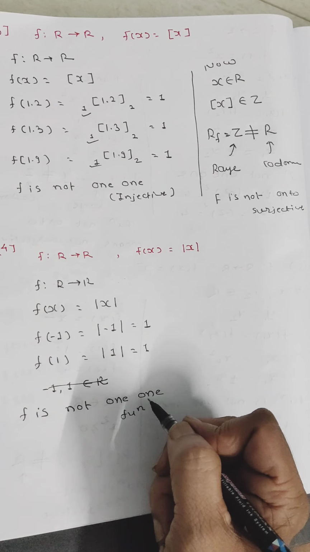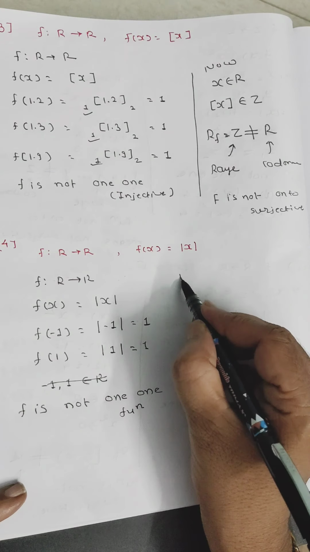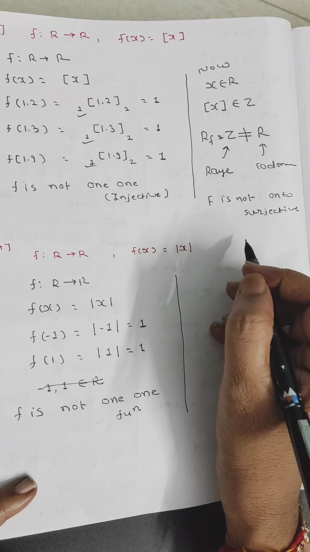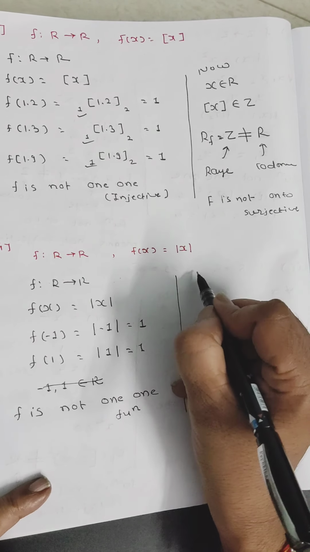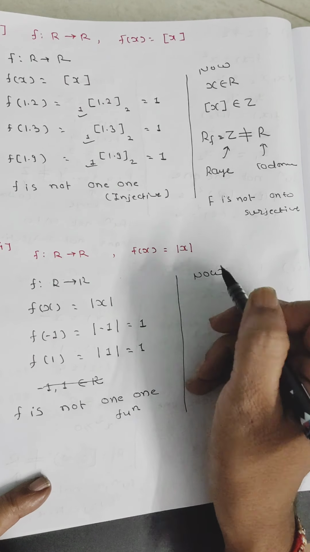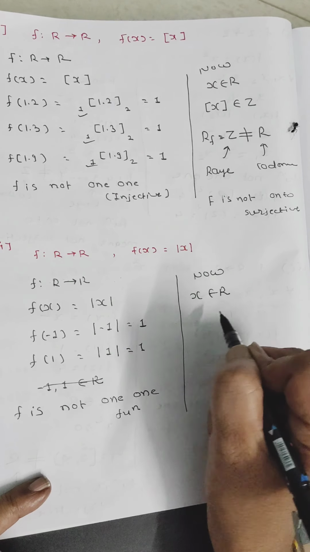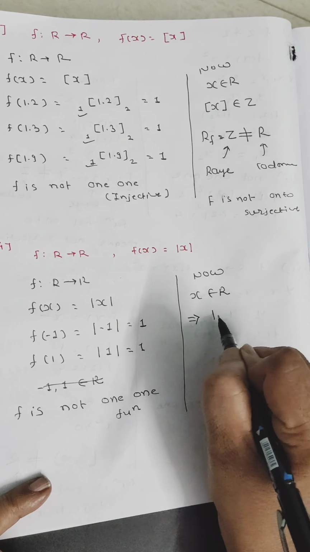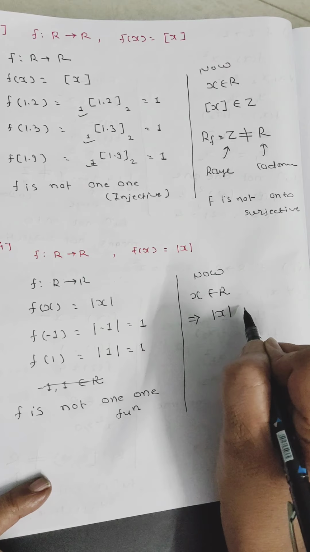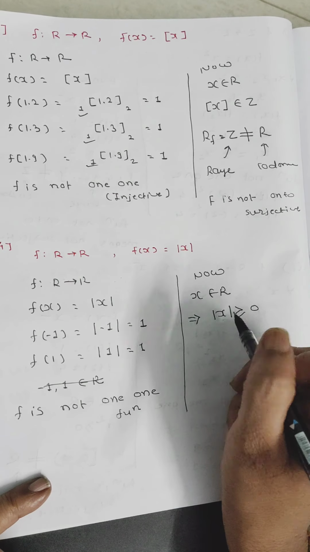Now for onto, suppose I am taking x belongs to R, but modulus x is always greater than or equal to 0.